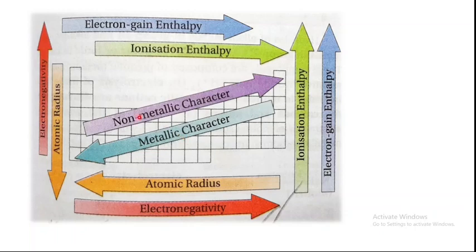Now, down the group atomic radius increases because a new electronic shell is added to each succeeding element. Though the number of electrons in the outermost shell remains the same, this tends to increase the atomic size. At the same time, there is an increase in nuclear charge with increase in atomic number, so the size decreases.